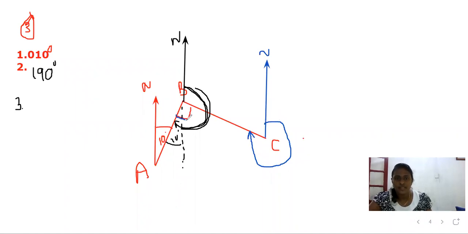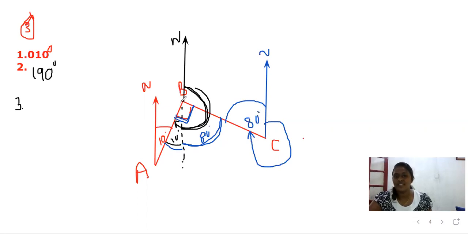You are given this as 90. Can one of you tell me how much this is? 80 degrees, because you know that this is 10, and 10 plus this must be 90. Then can you tell me what is here? 80 degrees.